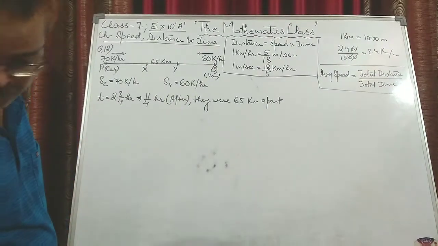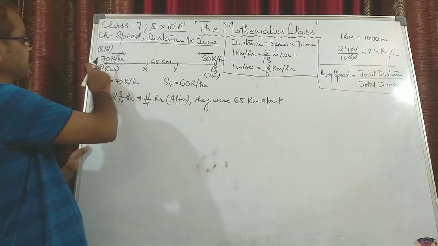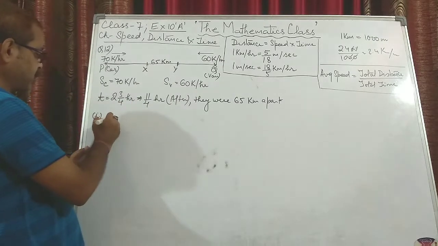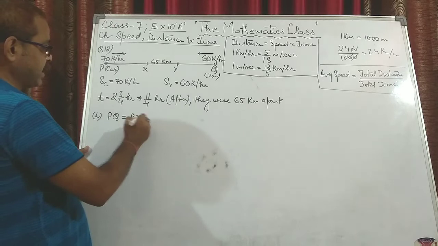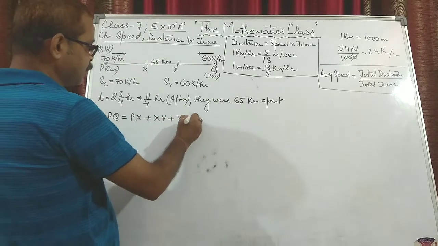The first part asks for the distance between the two towns, which can be written as PQ. So PQ can be written as PX plus XY plus YQ.